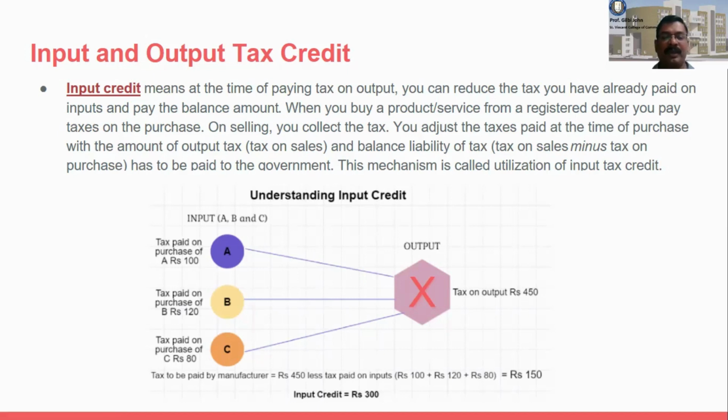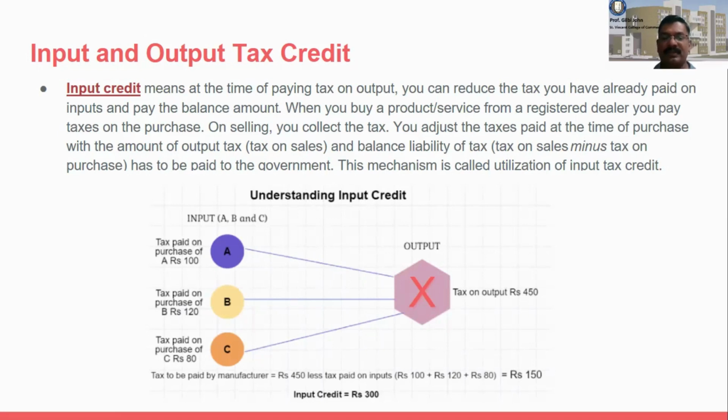And when I buy material C, I pay a tax of 80. That means I used A, B, and C materials in order to produce my product X. Now my output is product X, and I am collecting from my buyer a total tax of 450 rupees.